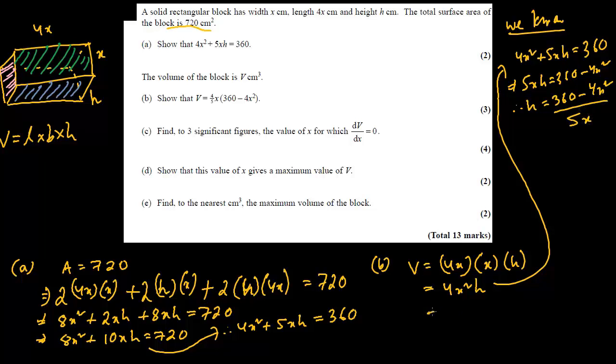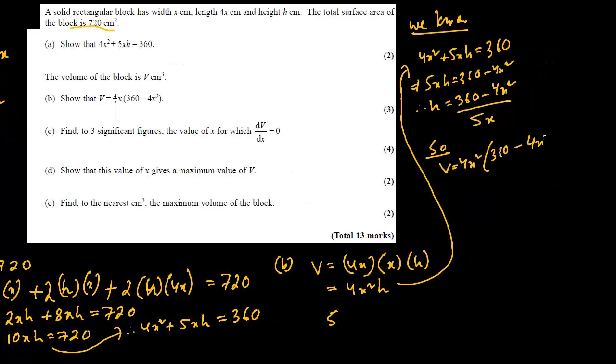So volume equals to 4x squared times 360 minus 4x squared divided by 5x. If we simplify, this x and this x cancel over here, we can write 4 by 5, and we can take the x outside the bracket, and we can write 360 minus 4x squared. So this is the expression. This is also done. Now question number C.